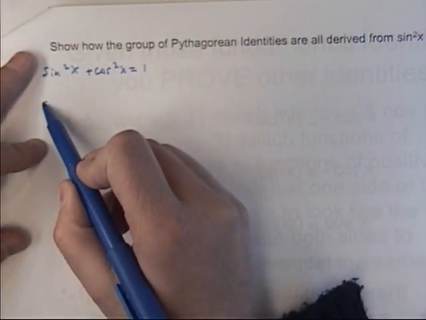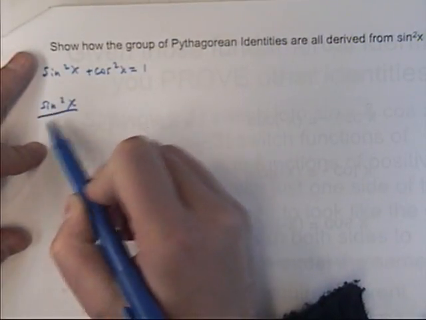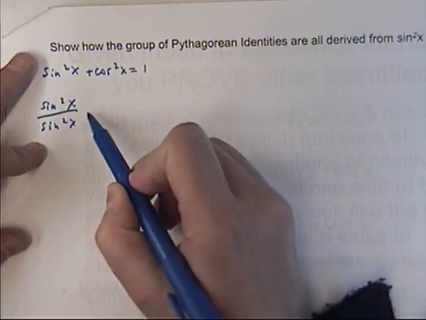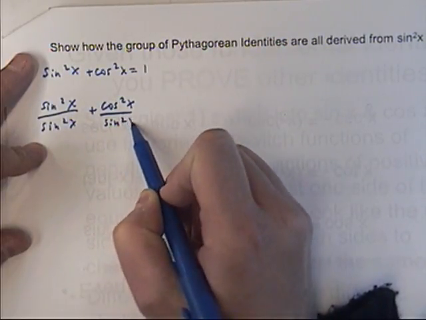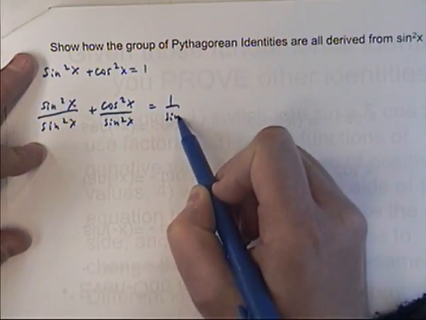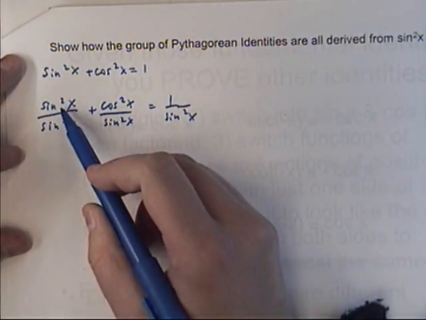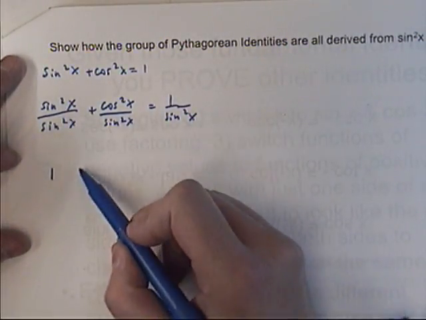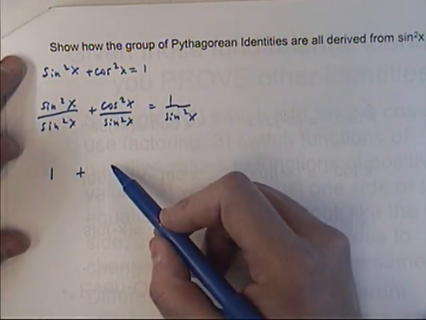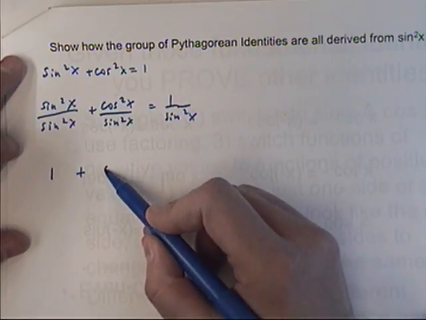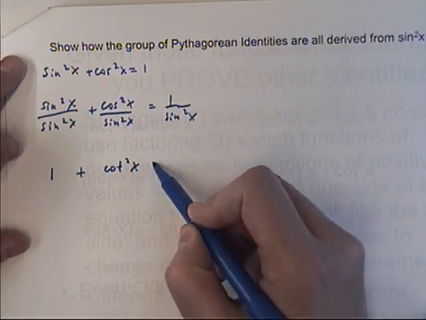Basically, if you take all of these terms, and there are 3 of them, and divide them by sine squared x, what happens is this. This turns into 1 because it's a number divided by itself. Cosine over sine is cotangent, and if it's squared, that's just cotangent squared.